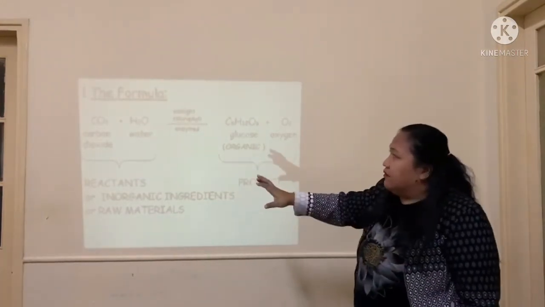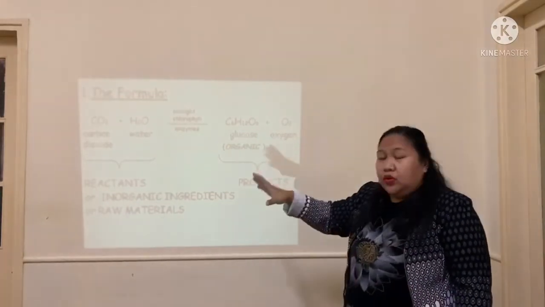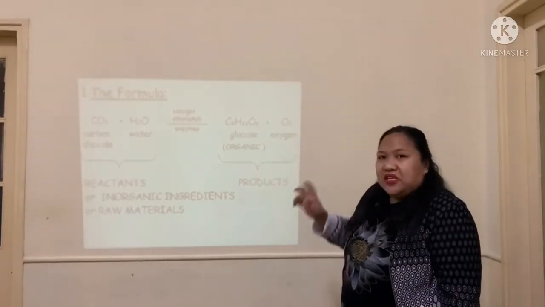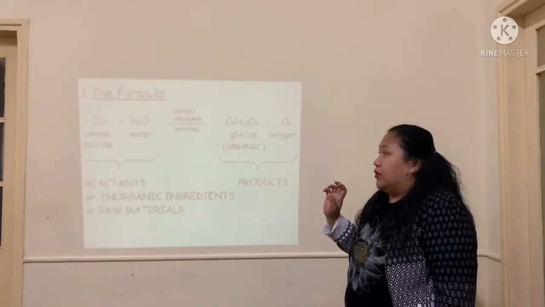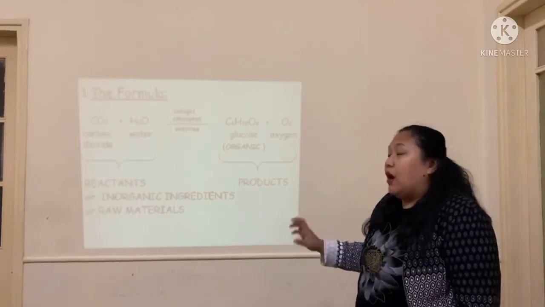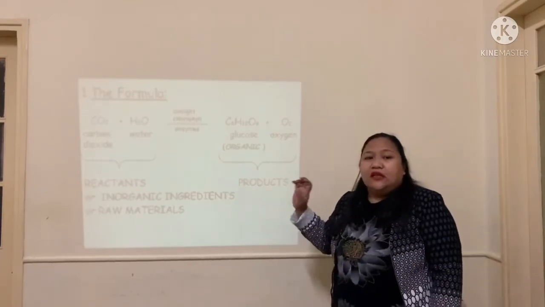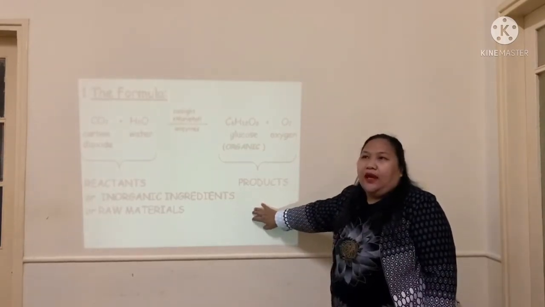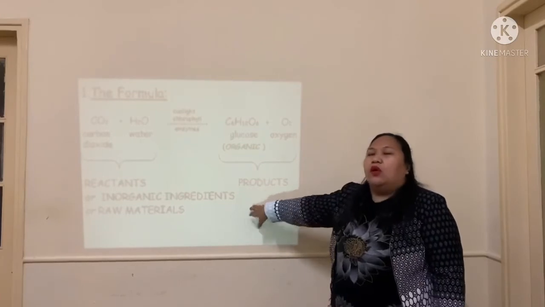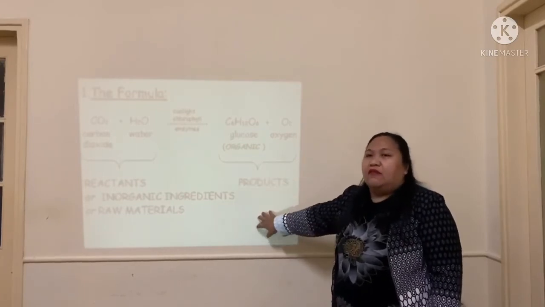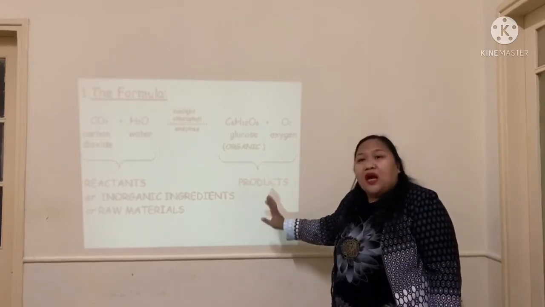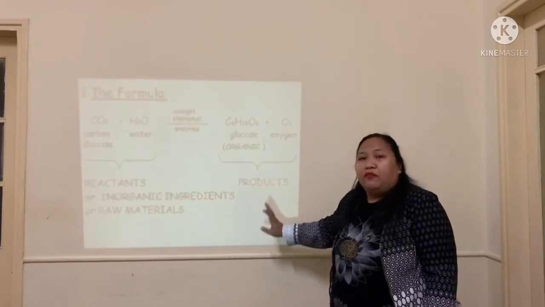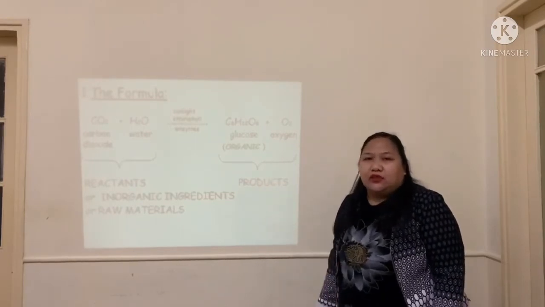Reactants, of course, we have CO2 or carbon dioxide and H2O or water. These reactants are called the inorganic ingredients or the raw materials. Like what I had mentioned a while ago, in the absence of one of these raw materials, the process of photosynthesis will be disrupted.